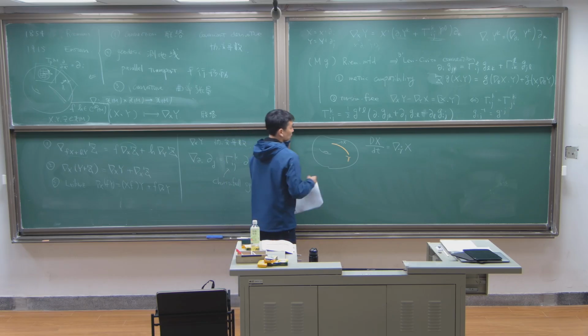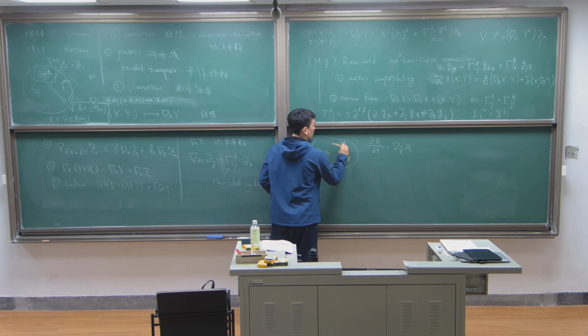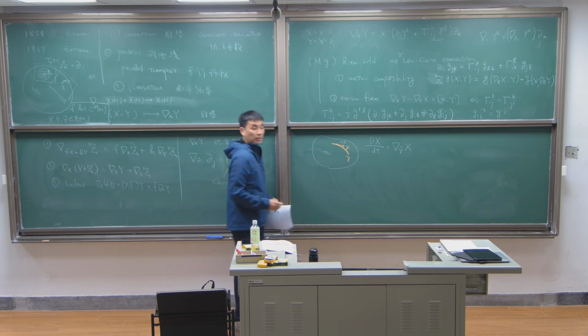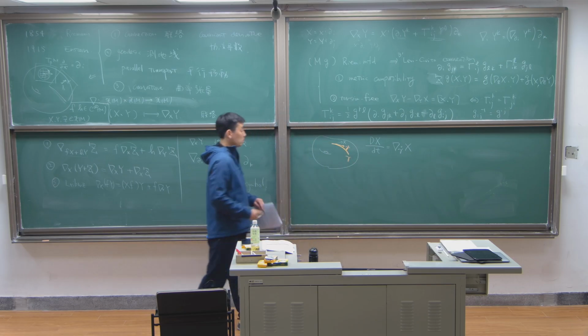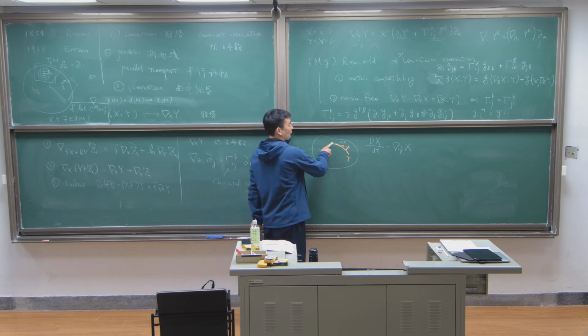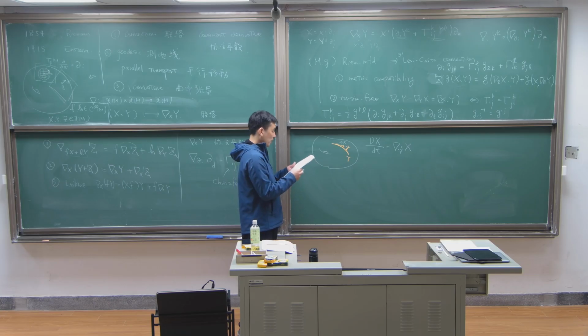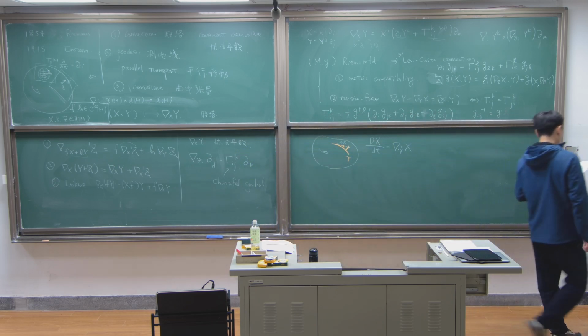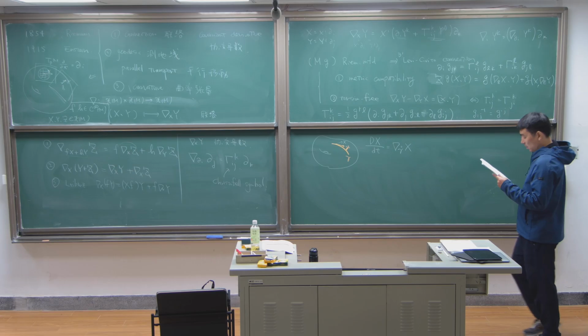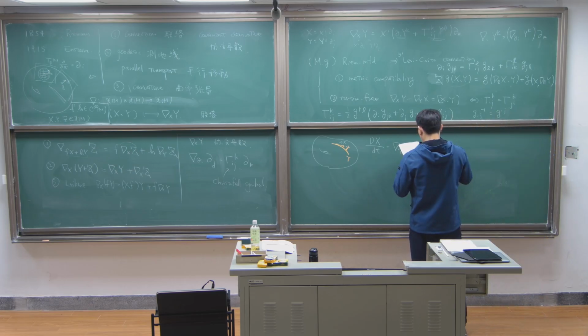So gamma dot is the speed, the tangent vector of the curve. And then the covariant derivative along this curve can be defined like this.